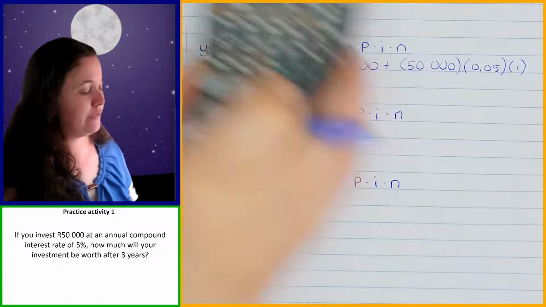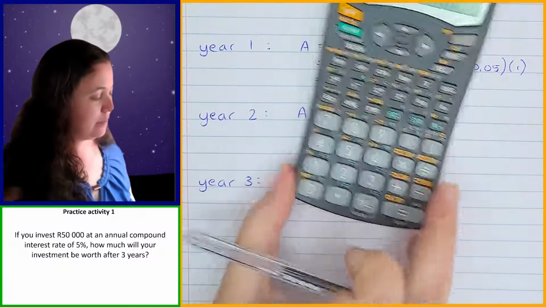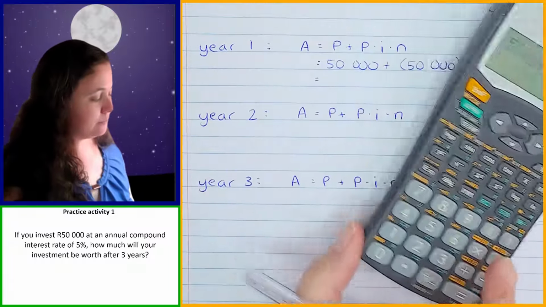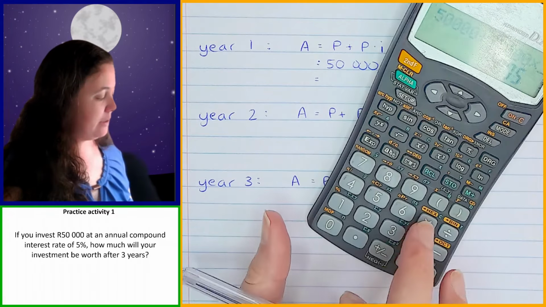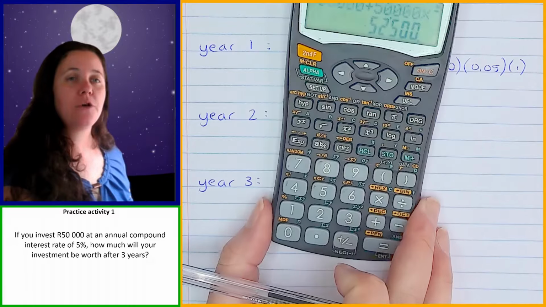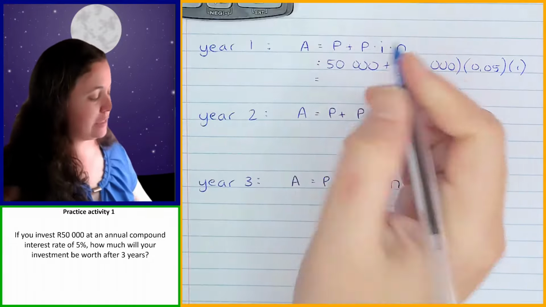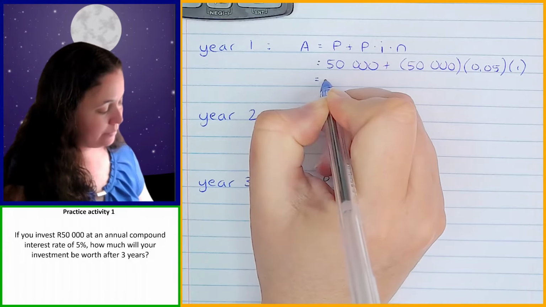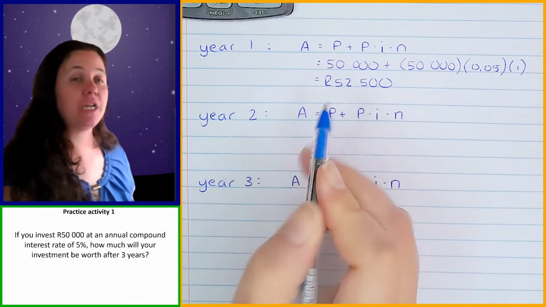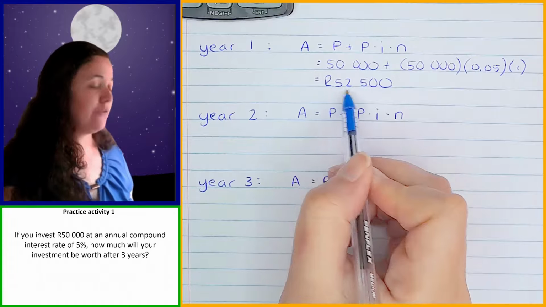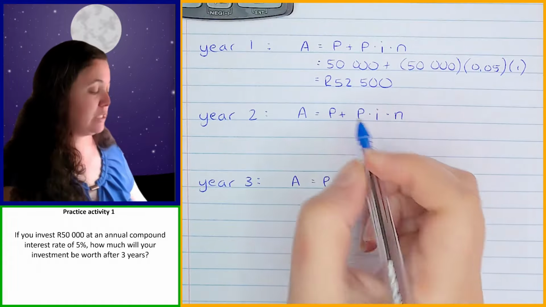Okay, so 50,000 plus 50,000 times 0.05 times 1, and that gives us 52,500. So that's what we should have got at the end of year 1. Now when I go into year 2, the 52,500 is going to be my principal value.